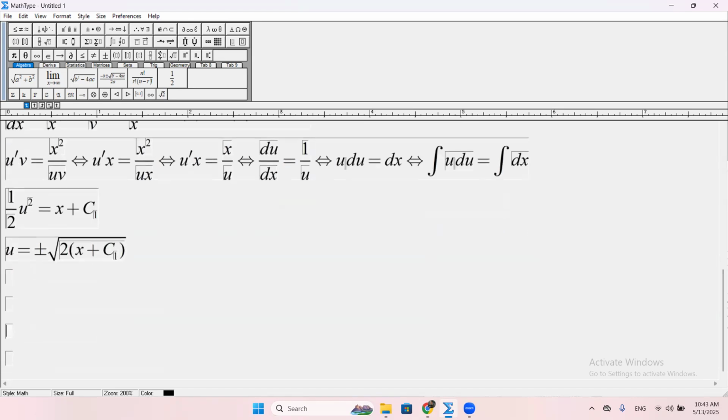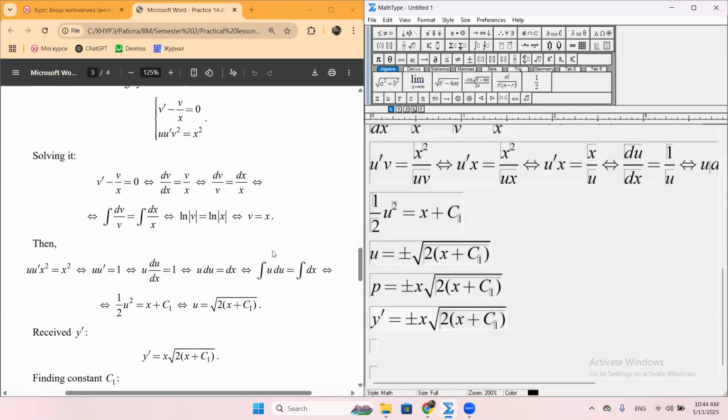Then p will be equal to the following expression: plus minus x and this square root. And actually, it is y prime. Let me check if everything is correct. Yeah, correct. Here I lost plus minus, but yeah.